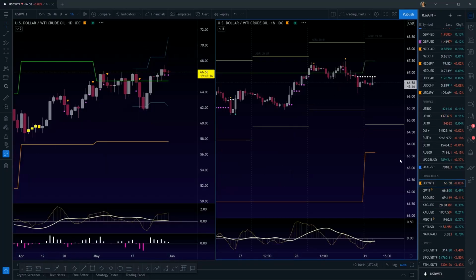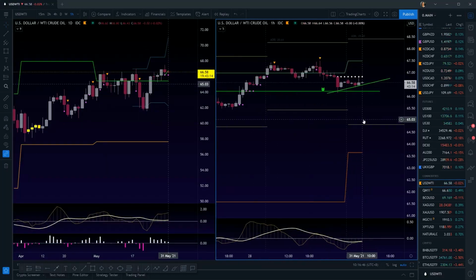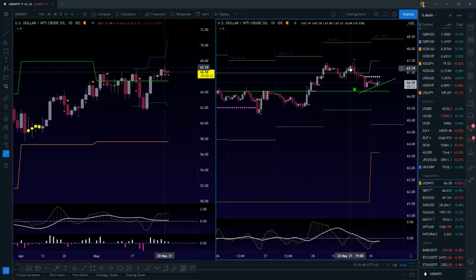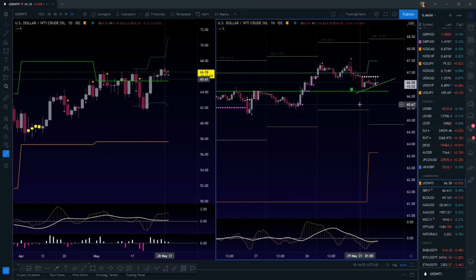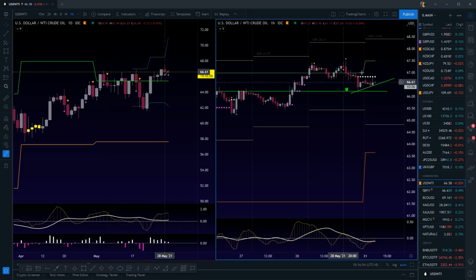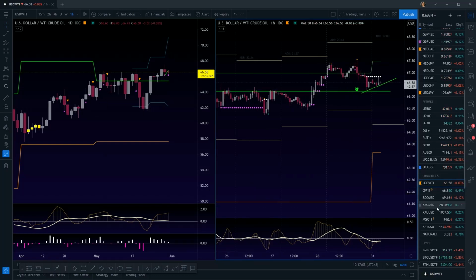Is that the upside trade? Sorry. Yeah, because of this flip zone, there is also the upside trade. Anyway, we'll wait maybe for the London session to kick in.